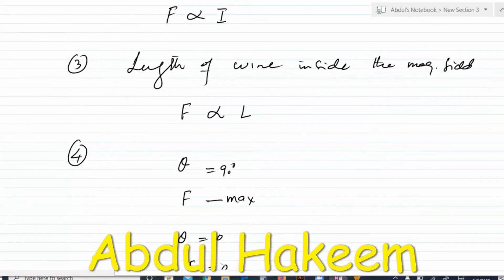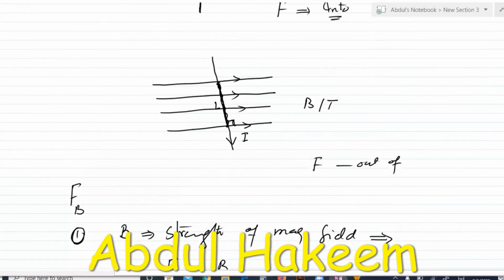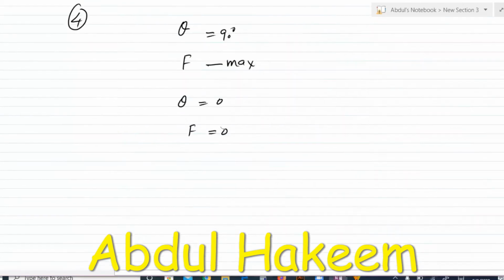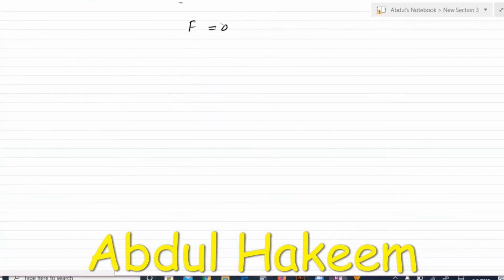It means if the wire is placed parallel to the magnetic field, no force is experienced, right? But when perpendicular, the force is maximum, and perpendicular means the angle theta is 90, so sine theta is maximum. So F is directly proportional to the value of sine theta.